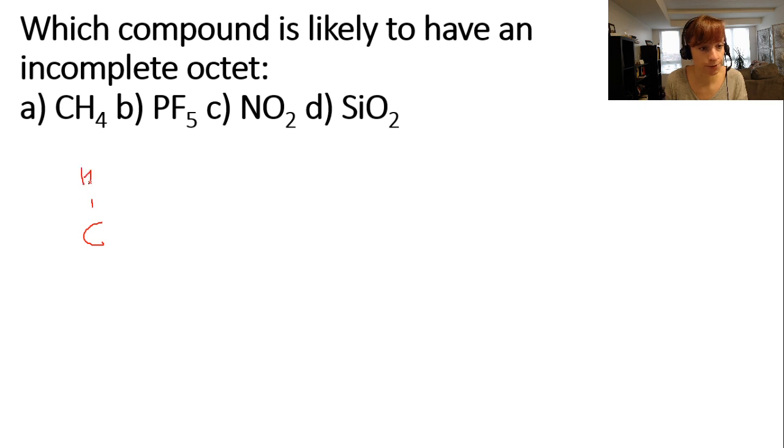We have 4 hydrogens around it. We don't have to consider lone pairs in this case. If we count the number of electrons that carbon has, we have 4 bonds, 2 electrons in each bond, so that gives us 8. So this has a complete octet. So it's not this one.